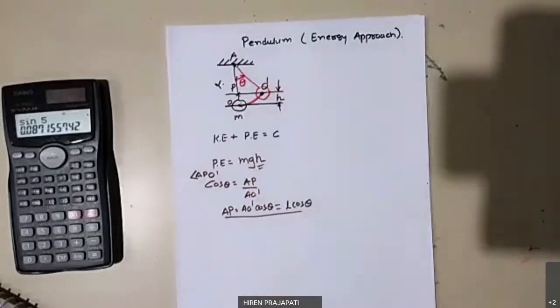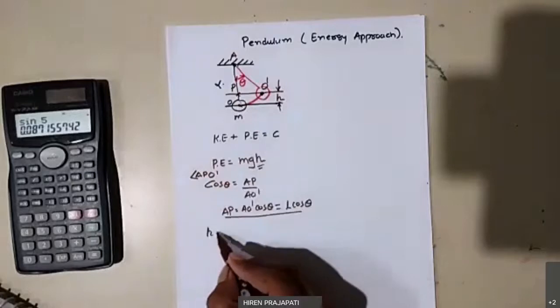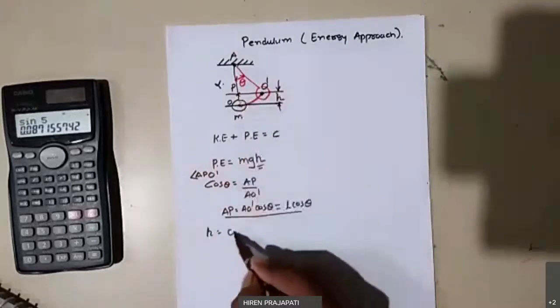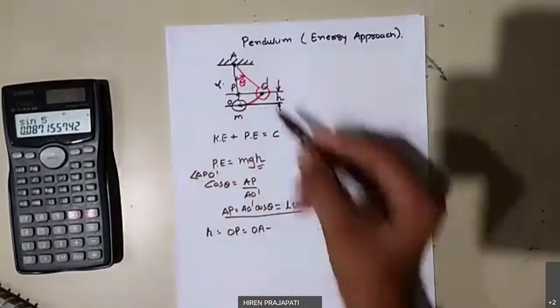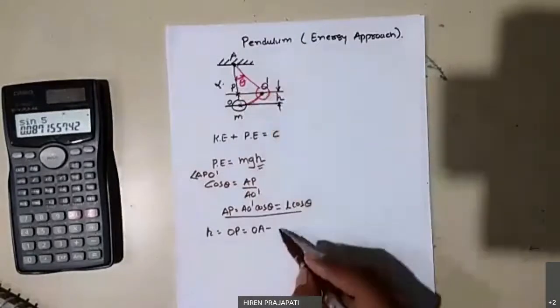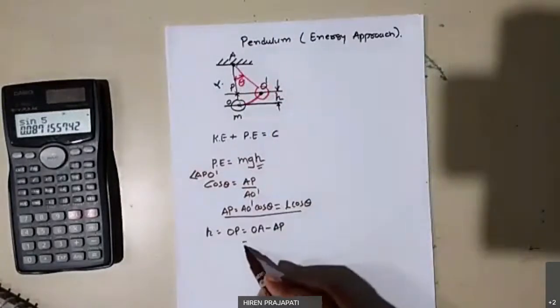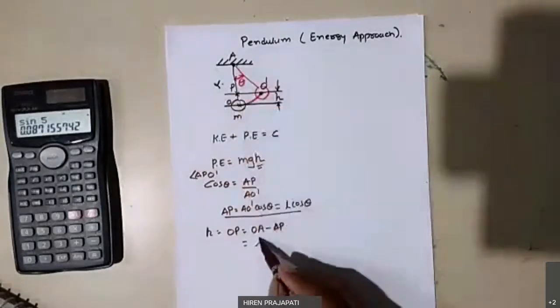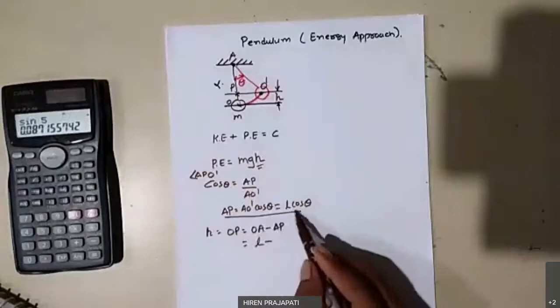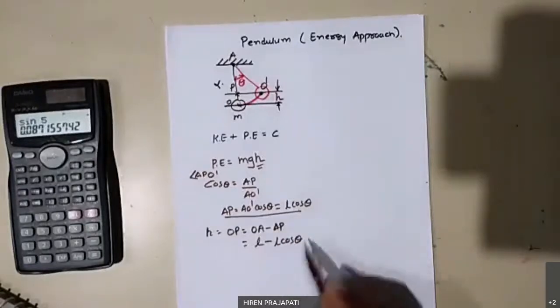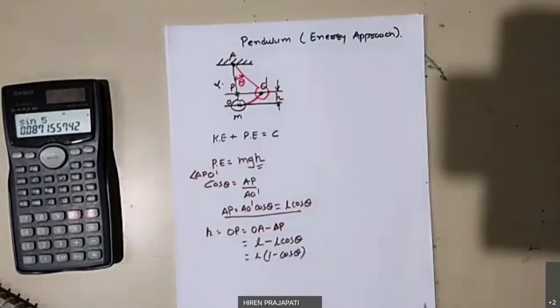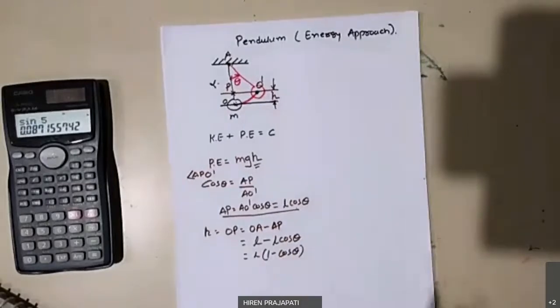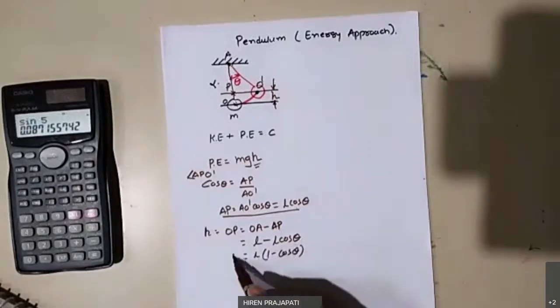So once I get AP, then h is equal to OP. How to find OP? Take the O to A distance and subtract the A to P distance, right? Now, O to A is nothing but the length of the pendulum, L, minus A to P, which I got from here, that is L cos theta. So I take L common and write h is equal to L times 1 minus cos theta, right? So this is the height given.